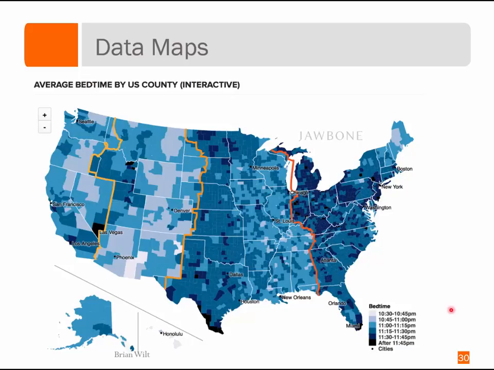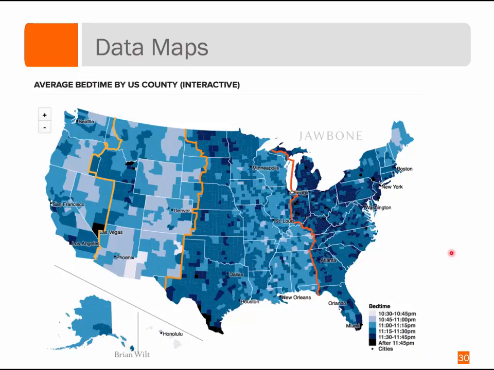So we'll see here, if it's a little bit light gray, we might have an earlier bedtime, light blue, just a little bit later, medium blue, a little bit later, dark and very dark blue, on up into some of the darkest blue or black encoding, where folks go to bed much, much later.